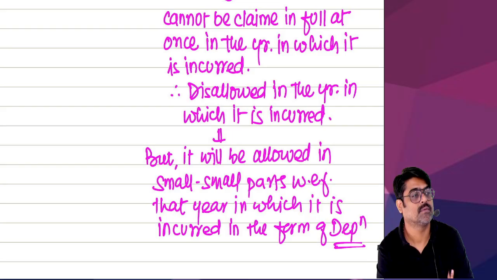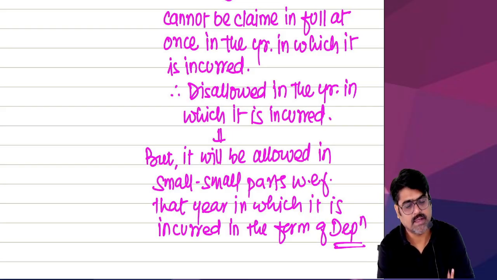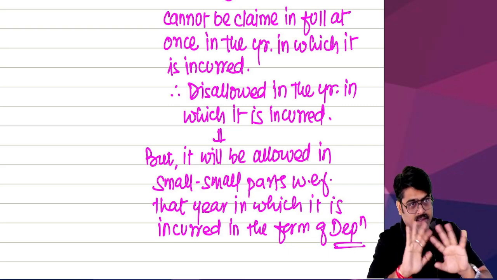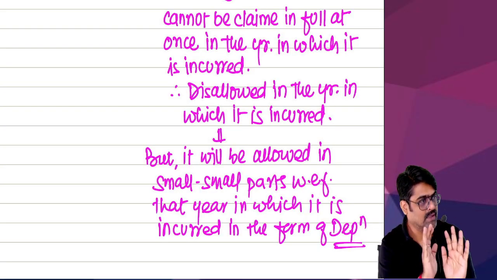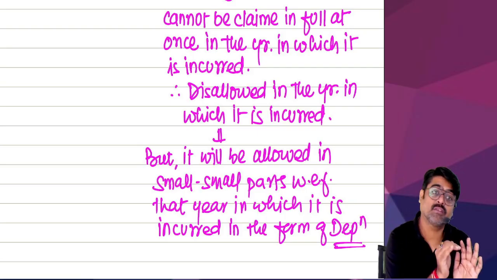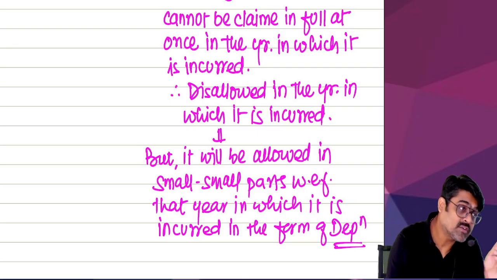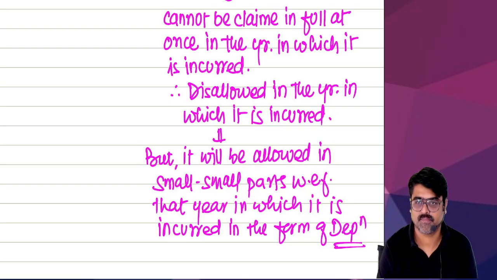Will it be allowed fully in this year? This year 1 lakh will not be allowed because this is a capital expenditure. But out of this 1 lakh, some amount will be allowed in this year and the balance amount will be allowed in subsequent years in small parts in the form of depreciation.